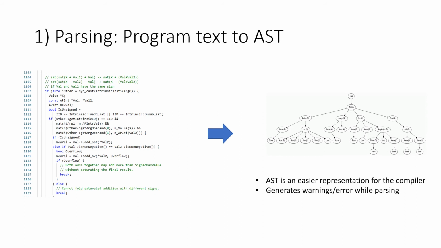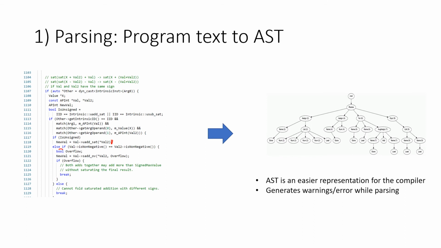Here we may have forgotten to put a semicolon, or there may be something wrong in the syntax. During parsing, this will generate warnings and errors, and try to help the developer as much as possible so they can fix their code.